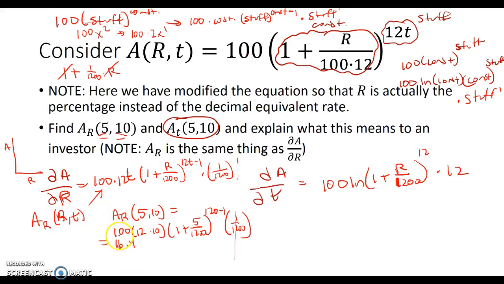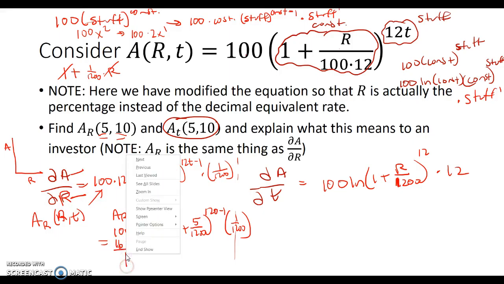16.4. Well, again, this is a rate of change. This is the change in a with respect to a change in r. 16.4 is the same thing as 16.4 over 1. A is measured in dollars of future value, and r is measured in percentage of interest.